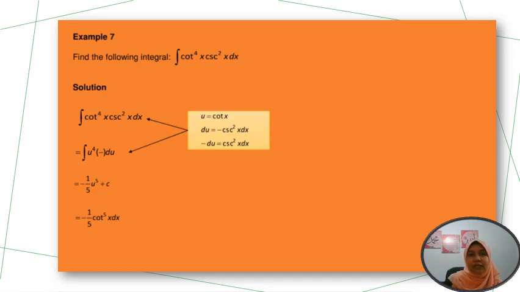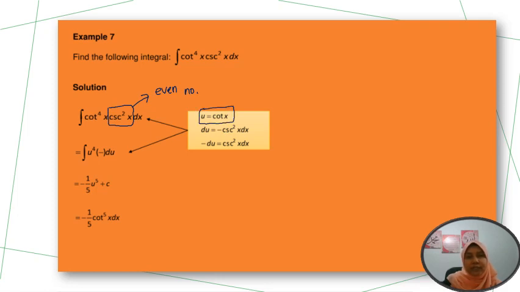Okay, so in this case, we know that the cosecant power is the even number. So we can let u equal to cotangent x.